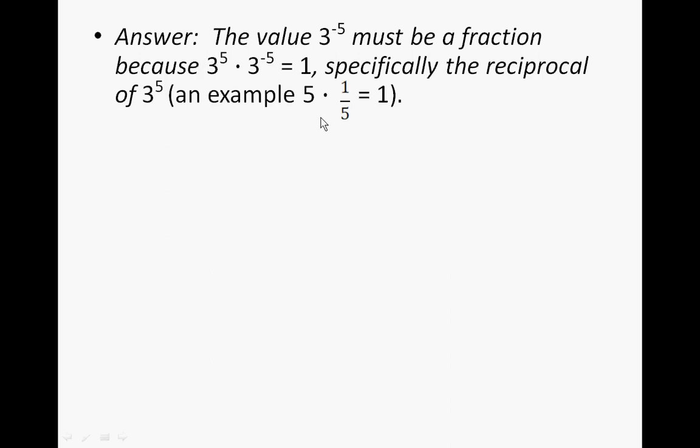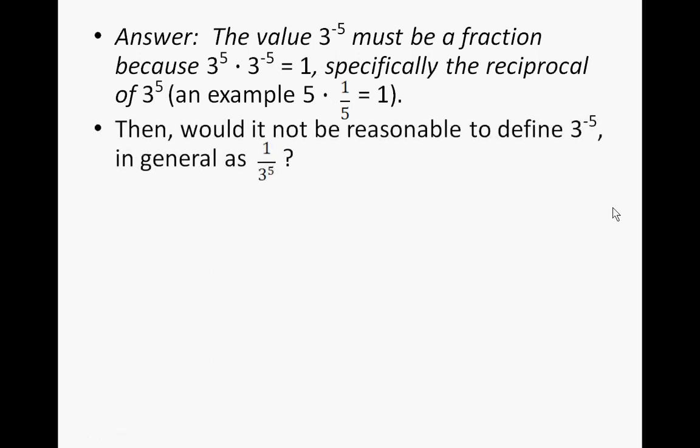And if we just want to use regular numbers, you should be familiar with this: if I want to multiply 5 by something to get 1, then I would multiply it by its reciprocal. So the same thing holds true here. If I have 3 to the fifth power, then I'm multiplying it by a fraction. So 3 to the negative fifth power has to be a fraction, so that I get 1.